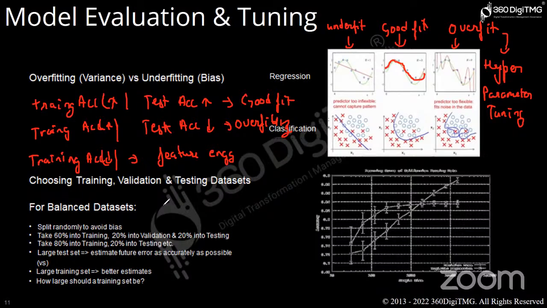That means there are a sufficient number of outputs for each class. So in a situation like this, we try to split randomly to avoid bias, to avoid getting into a situation where one of the outputs is more preferred than the other output.